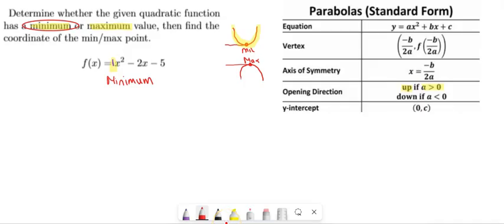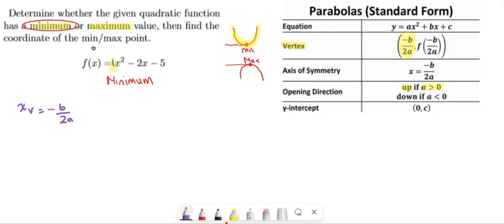How do you find the vertex? This part of the formula is right here. What you're going to determine is the x value, and in this case it is minus b over 2a. So xv is minus b over 2a.